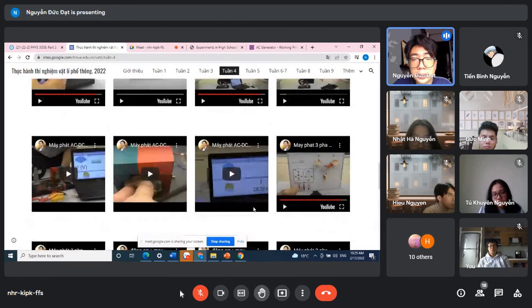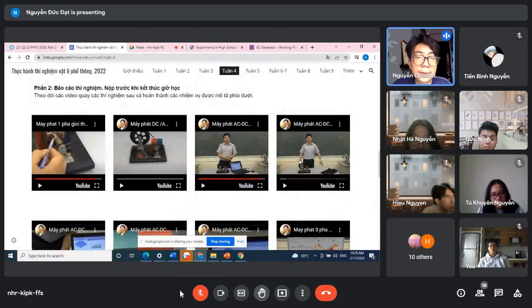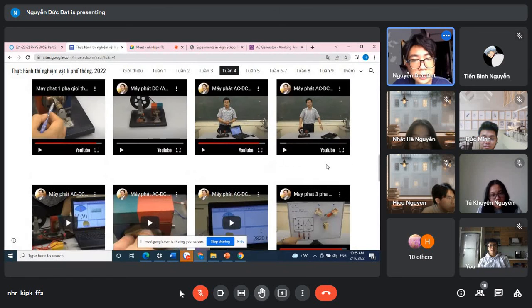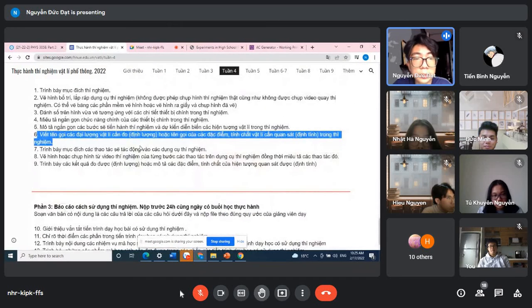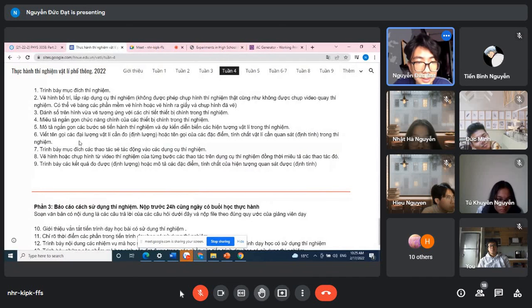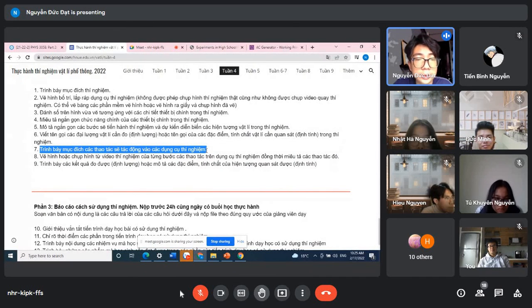But here, Mr. Chat already extended the experiment by using a computer to present the EMF collected. So maybe you still need to do this task. Okay.